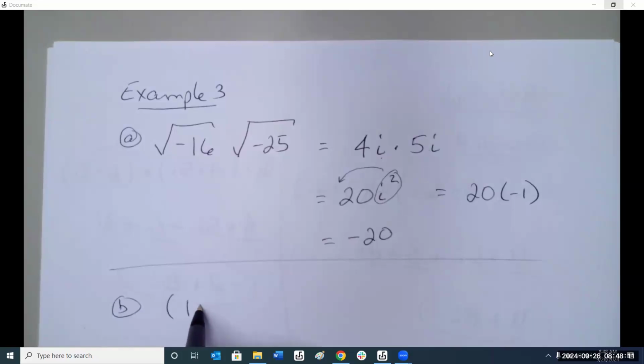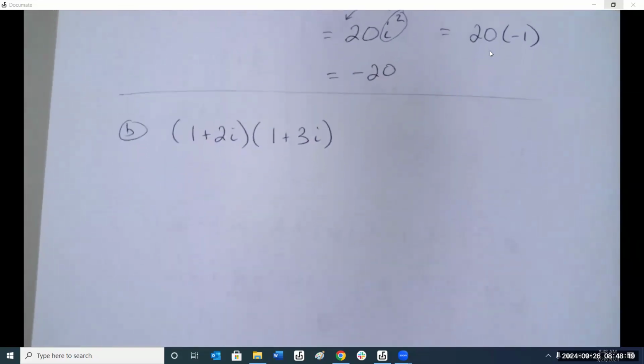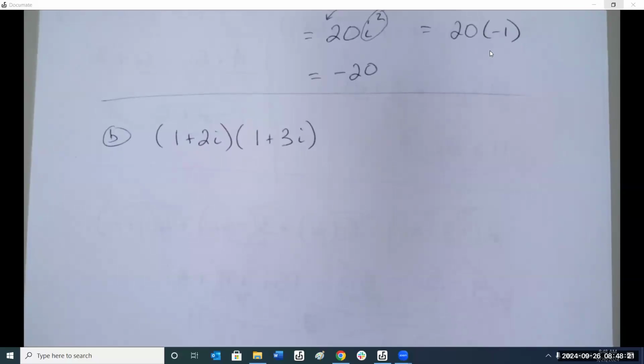B, we have 1 plus 2i times 1 plus 3i. In school, you've learned a process called FOILing.